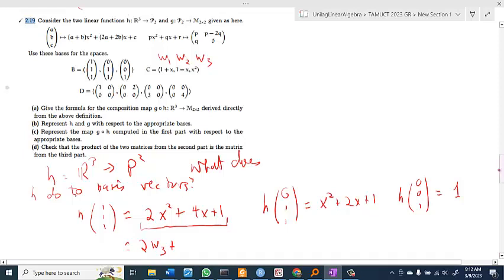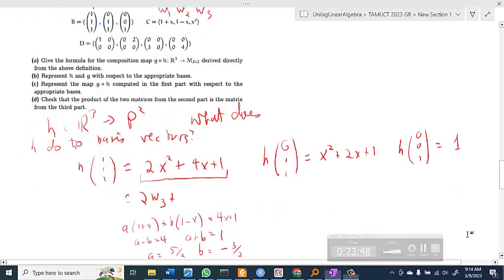So that means that this coefficient minus this coefficient is 4. Let me just take a moment to figure it out offline. Okay, hopefully I did this right.